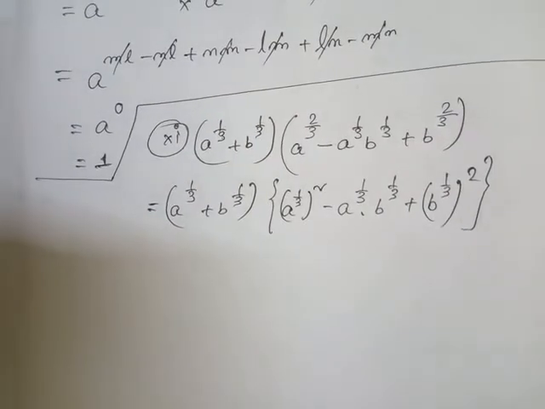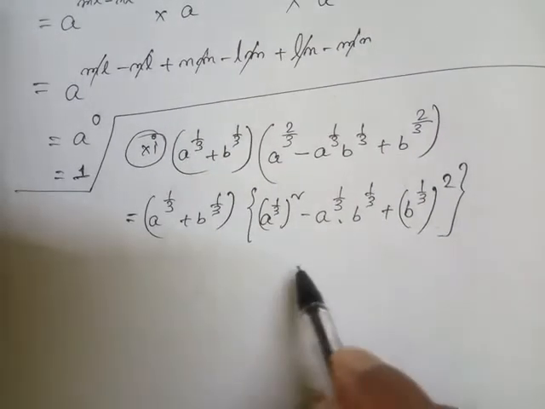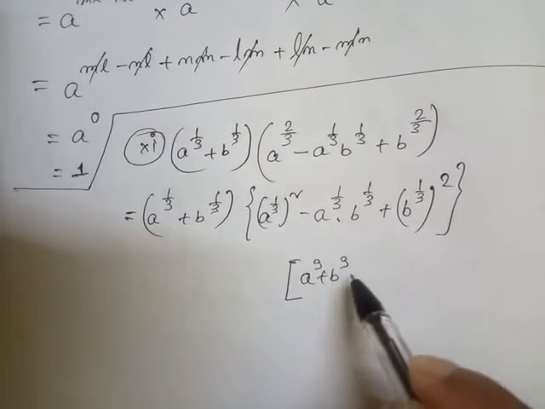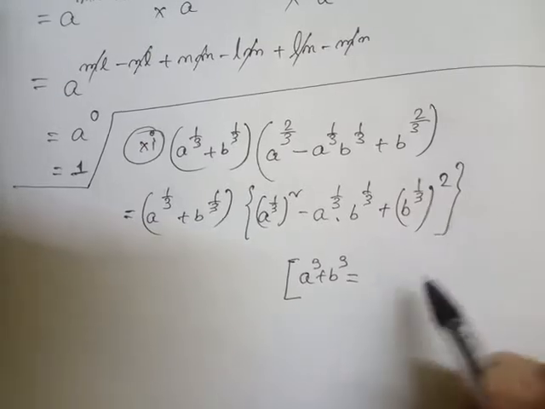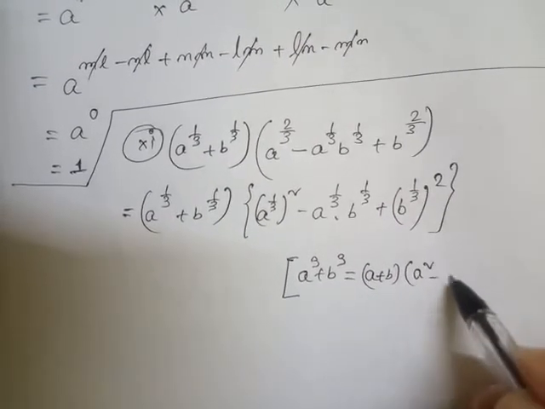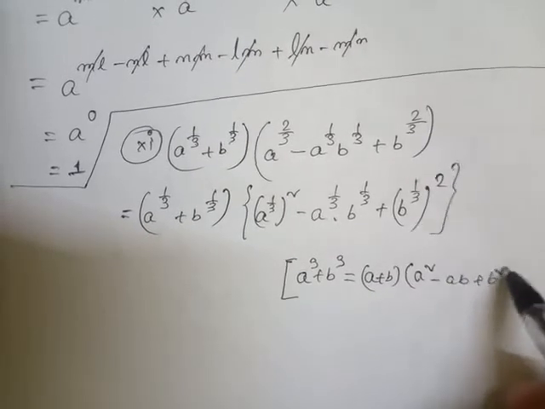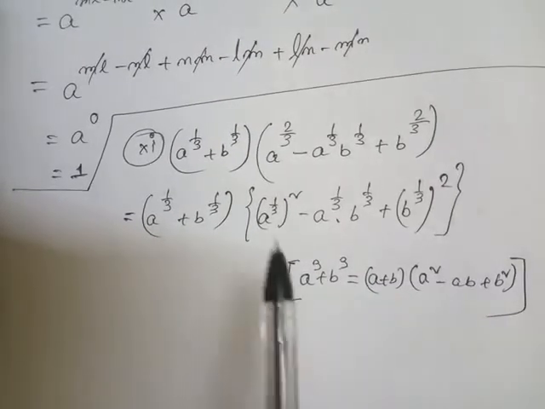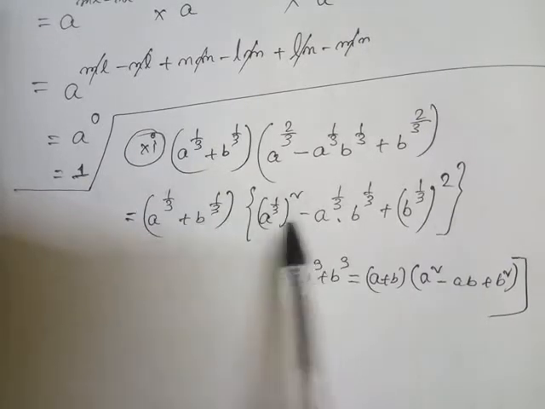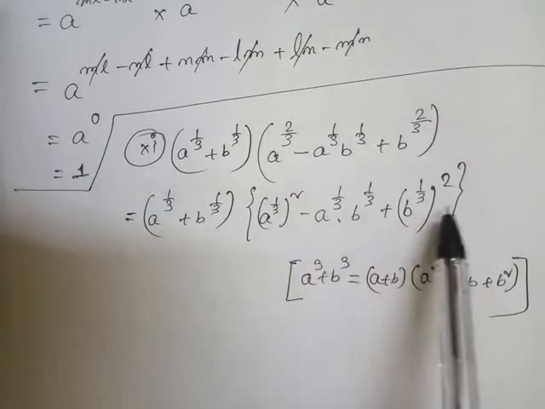The formula is actually a cube plus b cube equal to a plus b into a square minus ab plus b square. This is the formula. Now look here, this is as a whole a, as a whole b: a plus b, a square minus ab plus b square.